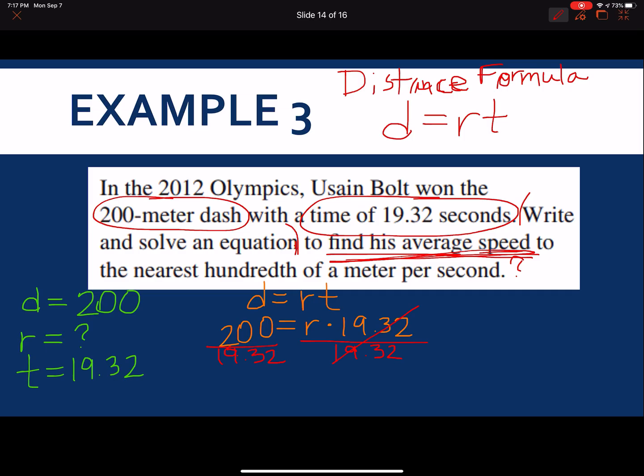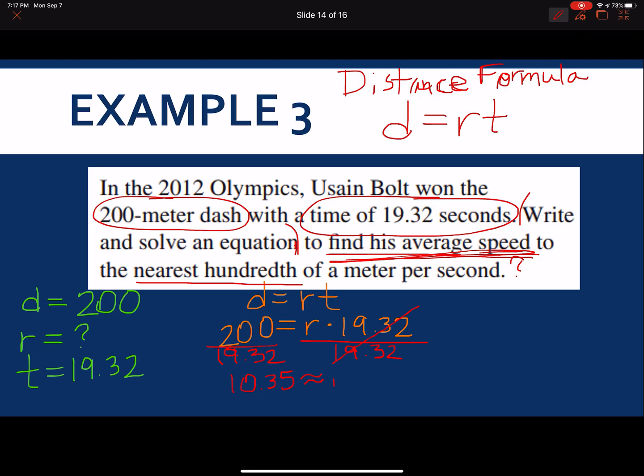And once I have that set up, our directions say to round to the nearest hundredth. So you can see in our calculator, we're going to round it off to that second place behind the decimal. So we can say 10.35. Now if we round anything off, it's no longer equivalent. It is now approximate.